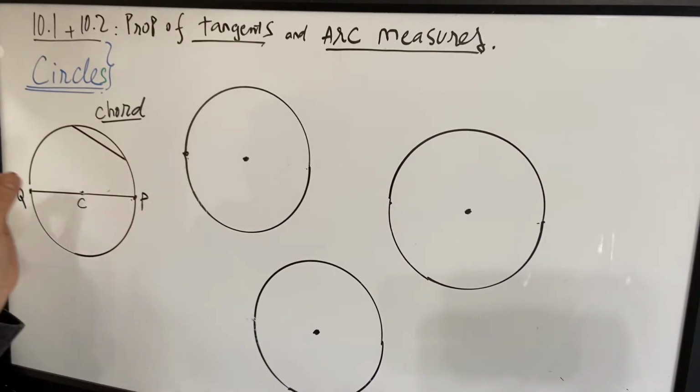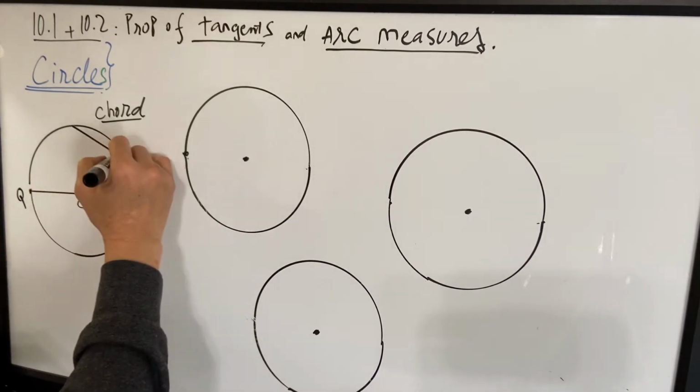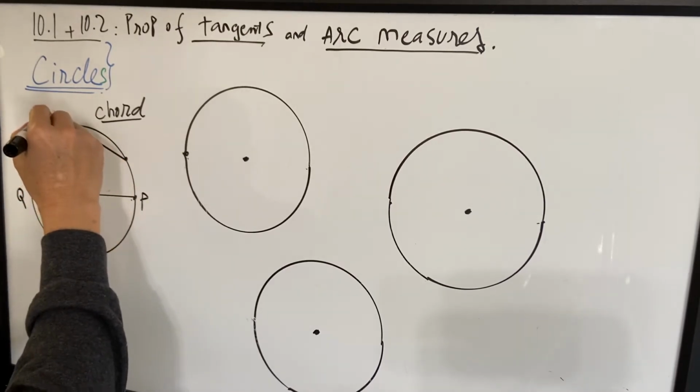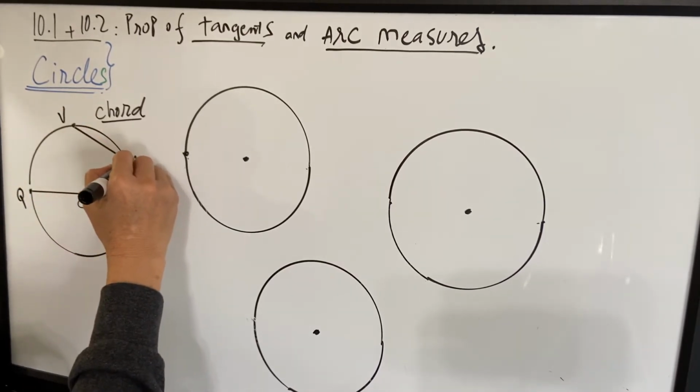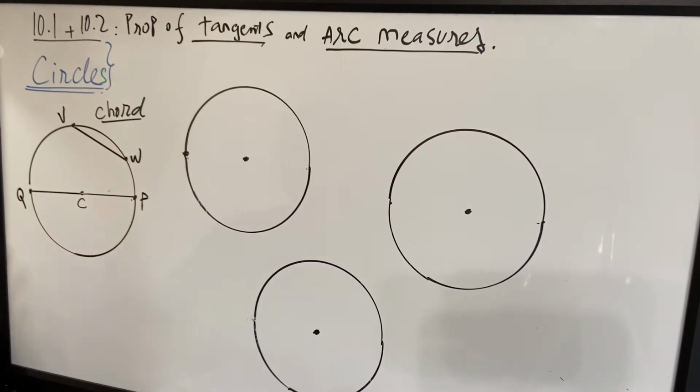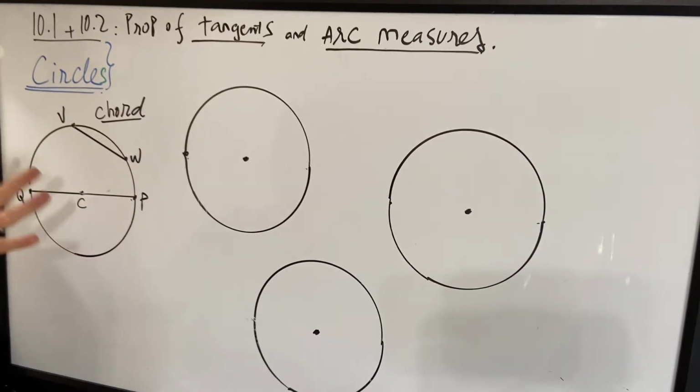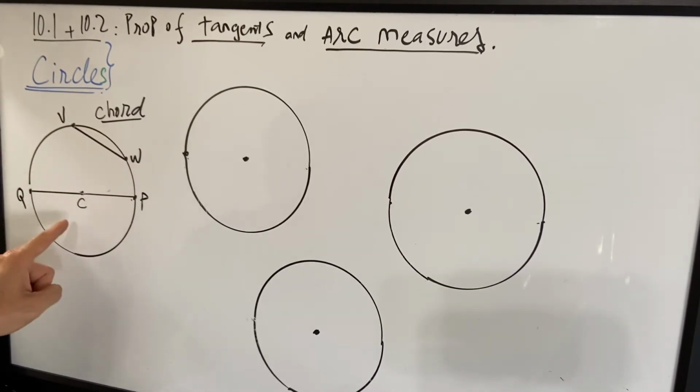Let's give the name for this chord: this is V and this is W. So you can have multiple chords on the circle whose endpoints are on the circle. And by nature, you see that the diameter is also a chord, and it is the longest chord that you can find on the same circle.